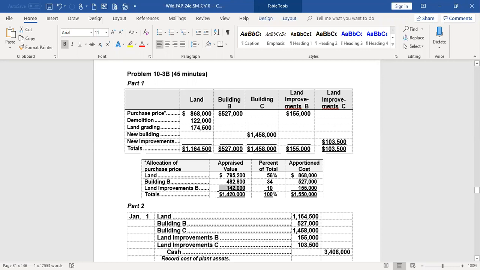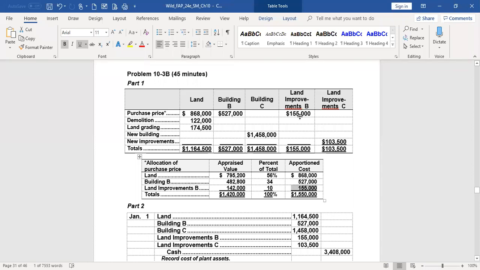The total fair value of all three assets, $1,420,000. So that means 10% of the value is attributed to land improvements B. So 10% of the purchase price of $1,550,000 should be debited to land improvements B. So when we first start our chart, those are the amounts we want to put in land, building B, and land improvements B.